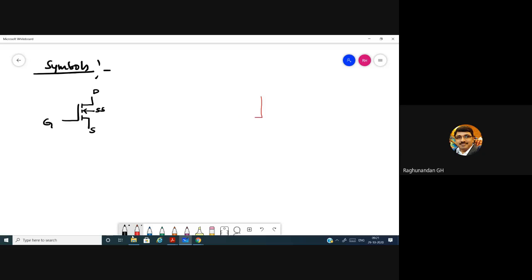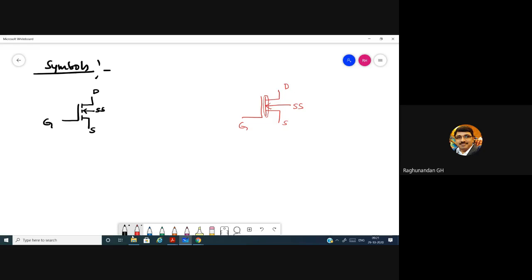What was the symbol we had there? Like this. This was indicating a permanent fixed channel which is going to connect the drain and the source. But here we are having gaps.